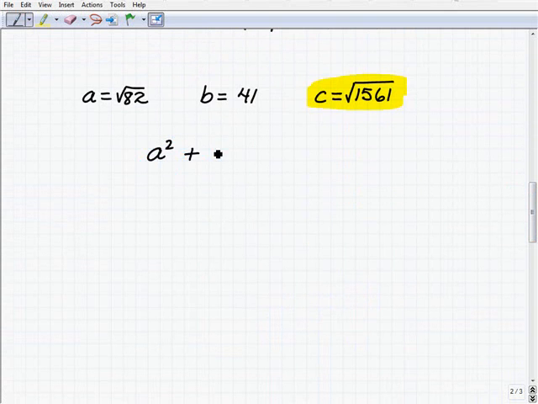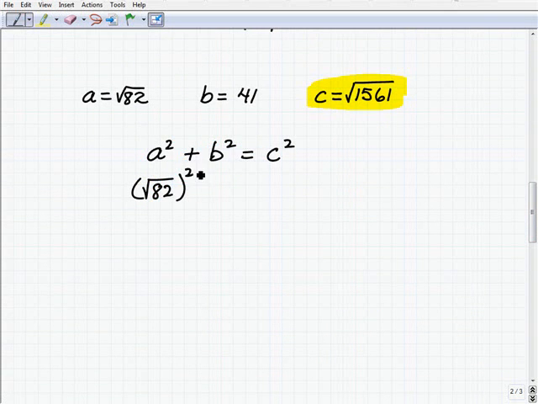A squared plus b squared equals c squared. So I have the square root of 82 squared plus 41 squared, and is that equal to 1561 squared?